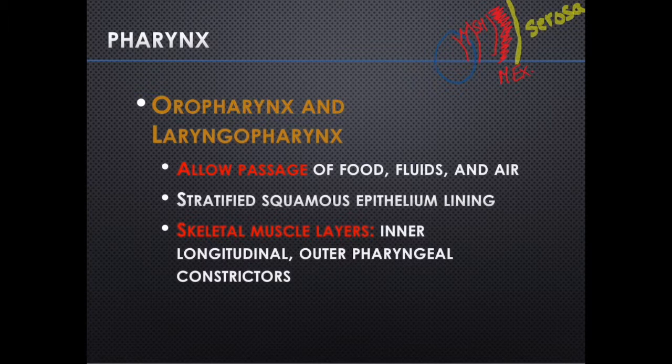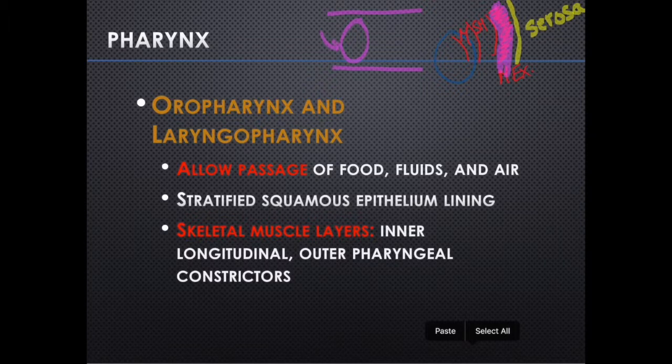If we're looking here to this layer, the muscularis externa, it is going to be, generally speaking, formed of 2 layers of muscles. We have a circular muscle layer and a longitudinal muscle layer.